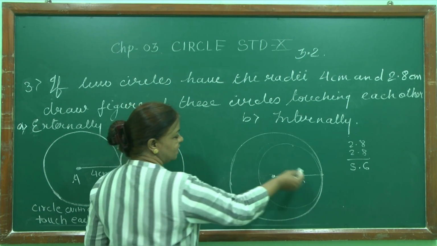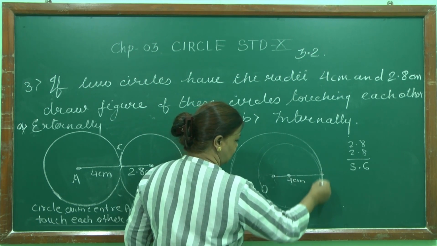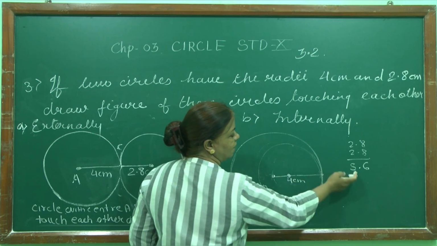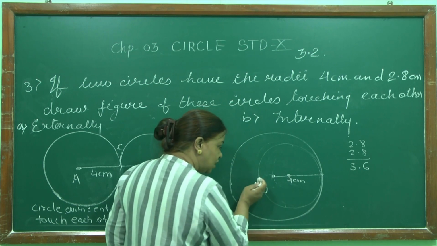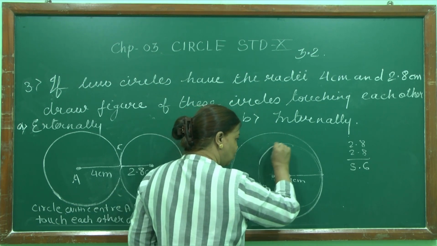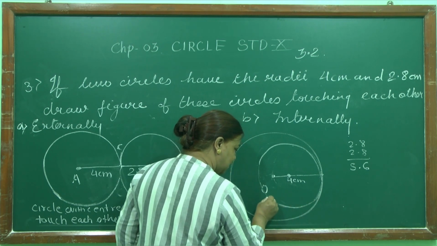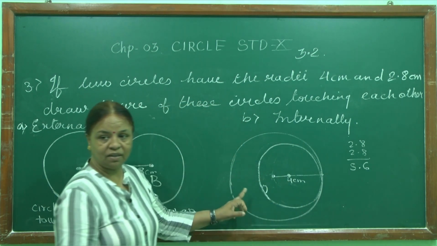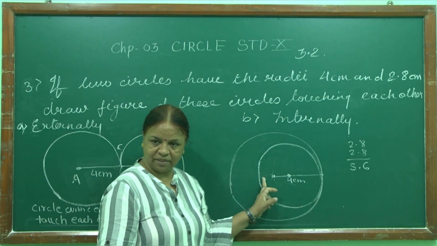See, if I take this circle and draw here, suppose it would be here, then what would be the diameter of the circle? 4 centimeter. But the diameter is how much? 5.6, right? So the circle which is internal would come outside the radius of the larger circle. Are you getting me? The radius of the large circle is 4 centimeter.